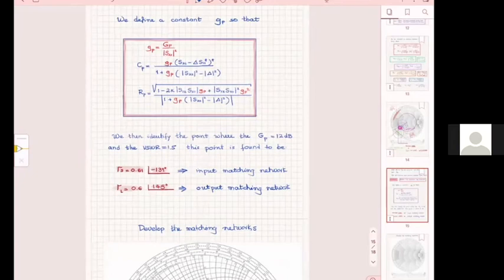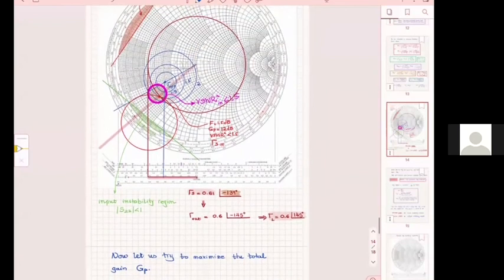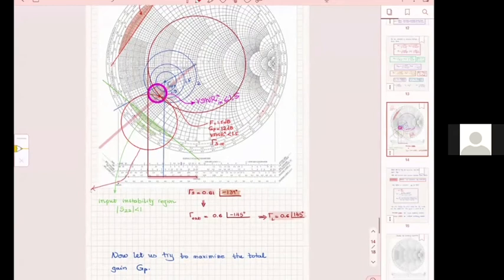So I said, let's assume that I want the 12 dB G sub P circle. Let me use that one and see what I get. When you draw this circle, you find this red one that goes out. This one is the G sub P equals 12 dB circle.